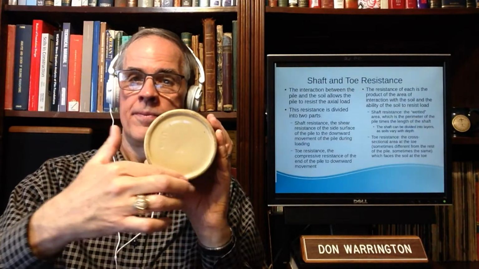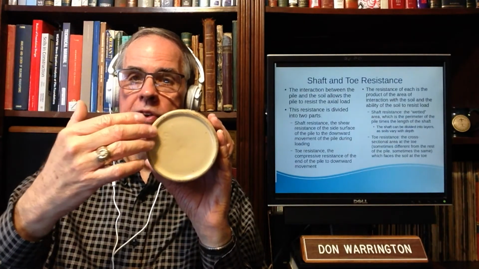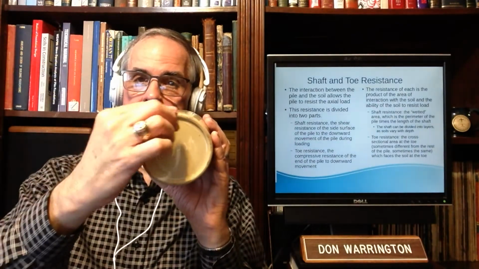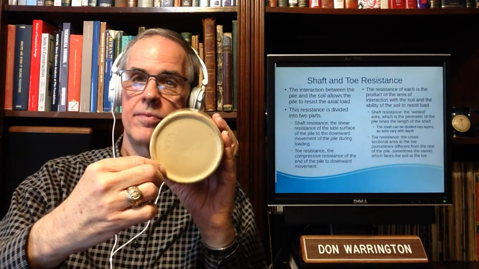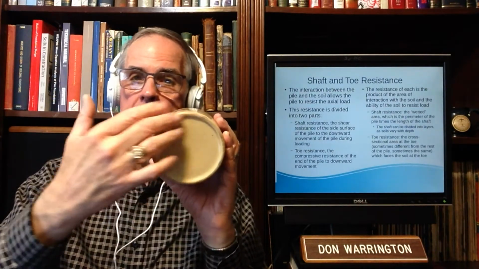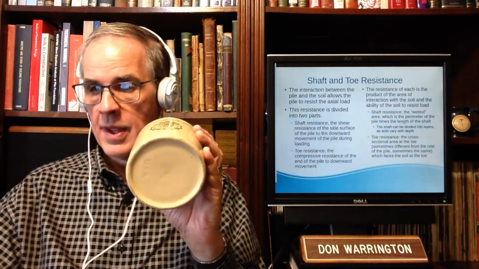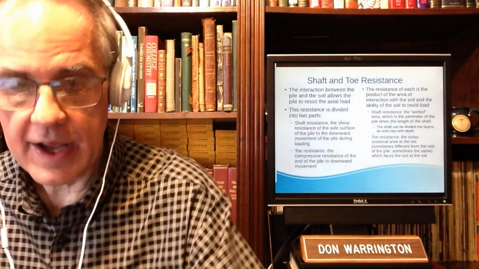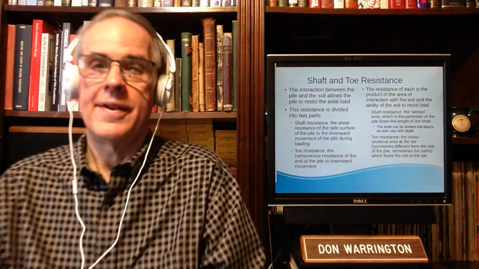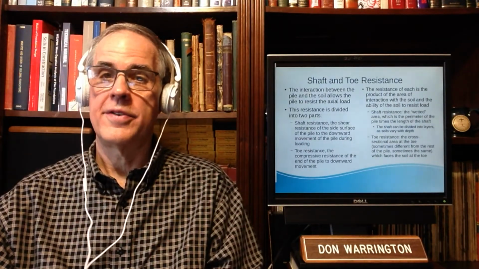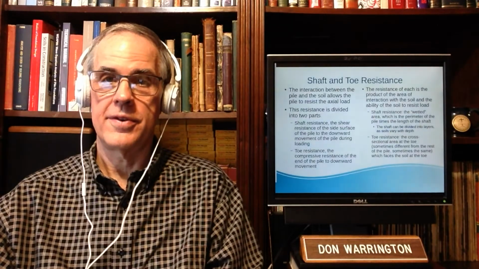If it's not open, it's the whole area, like a closed-end pipe pile. That, in a nutshell, is how you compute your shaft areas and your toe areas, and what shaft resistance and toe resistance are.